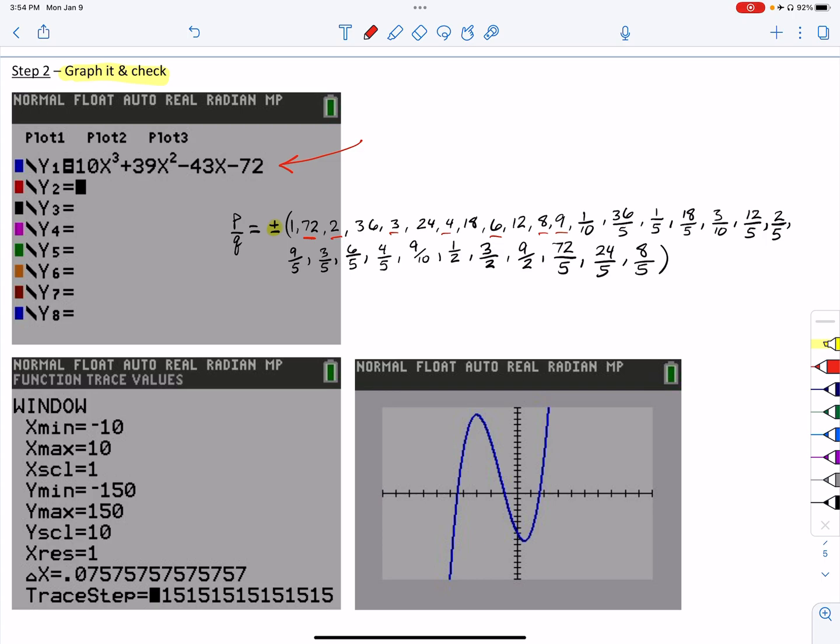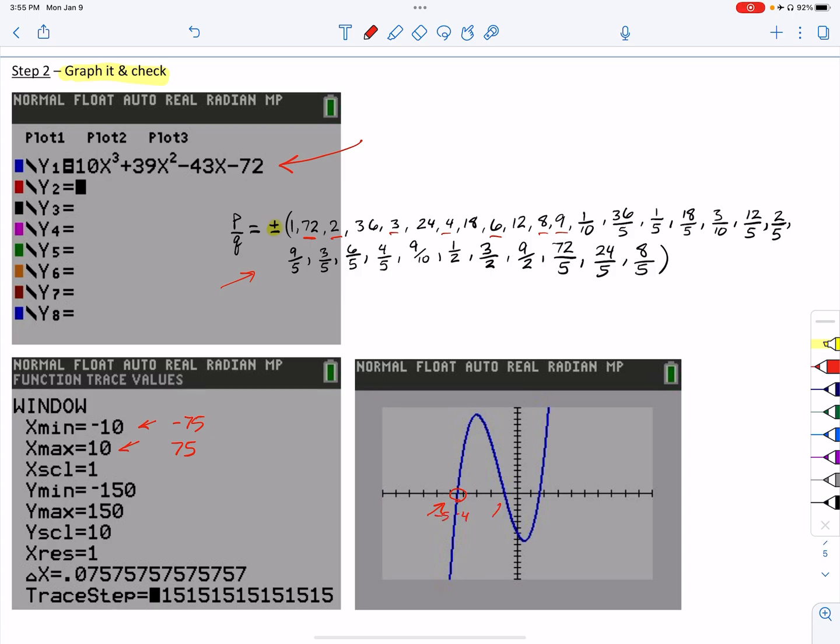So what I would do is just start with a rather conservative window. We could always make it bigger. I went with negative 10 to 10 because I would get most of these numbers to show up on the x-axis within that span. But you could have started with negative 75 to positive 75 and really would have struggled to see much here. We could tell that the zeros we're trying to find are somewhere between negative 4 and negative 5.